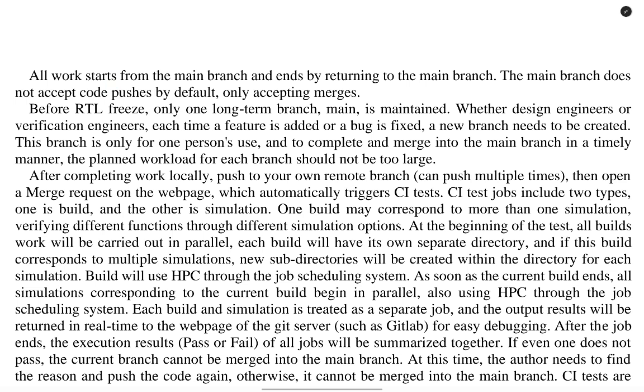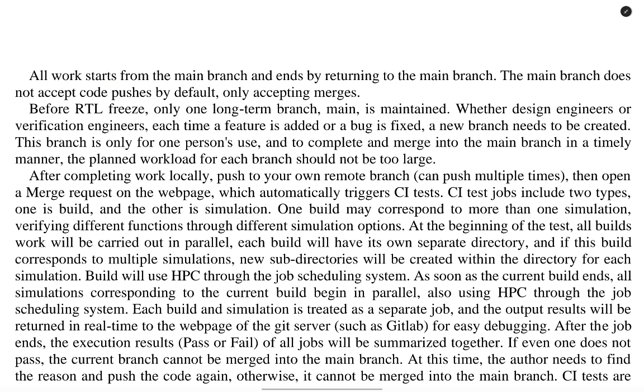Before RTL freeze, only one long-term branch, main, is maintained. Whether design engineers or verification engineers, each time a feature is added or a bug is fixed, a new branch needs to be created. This branch is only for one person's use.